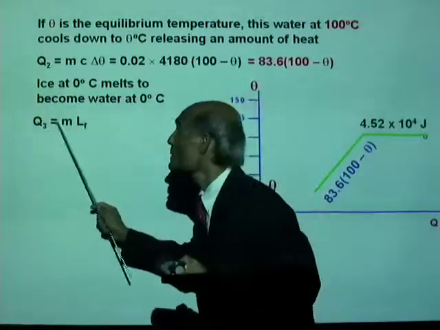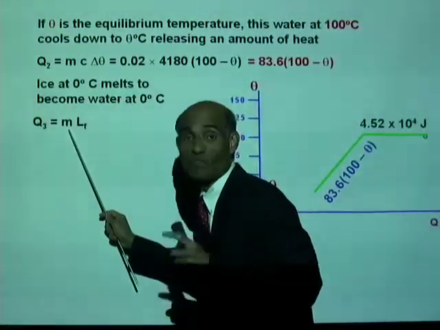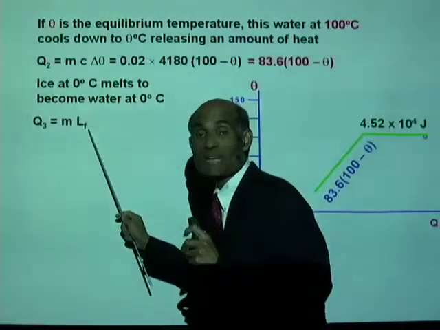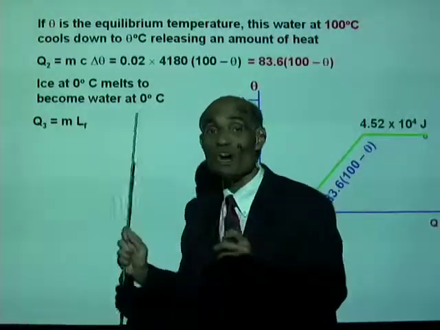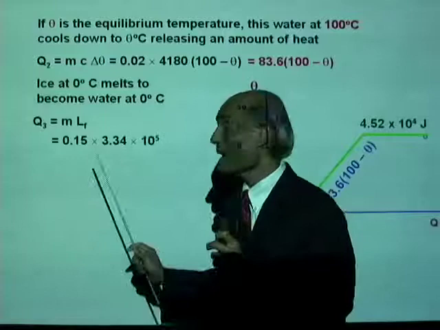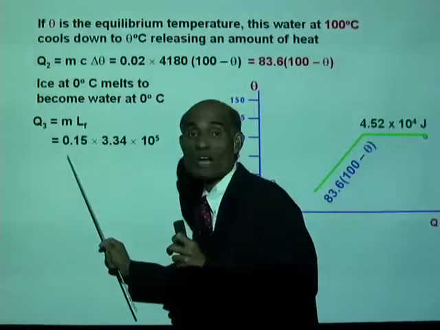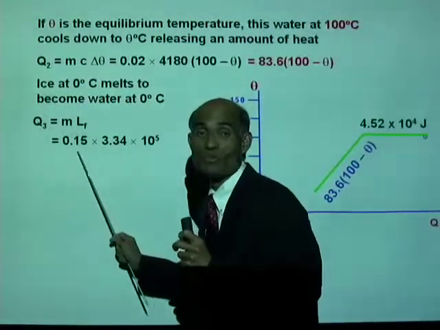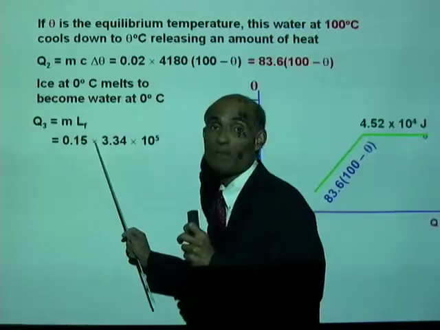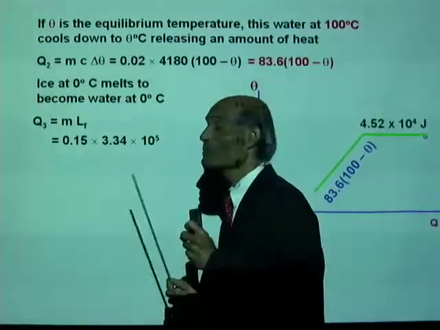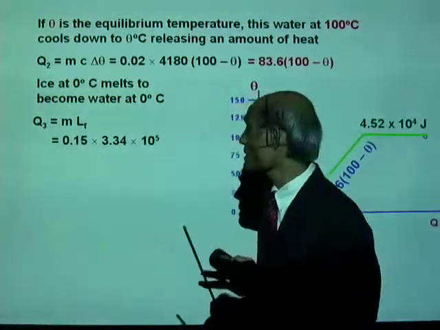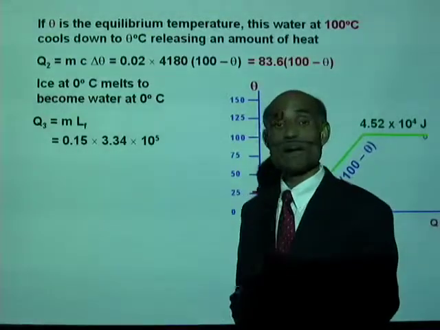It will be Q3 equal to mass of ice times the latent heat of fusion of ice. Now, mass of ice is 150 gram, which is 0.15 kilogram, times latent heat of fusion, 3.34 times 10 to the 5.